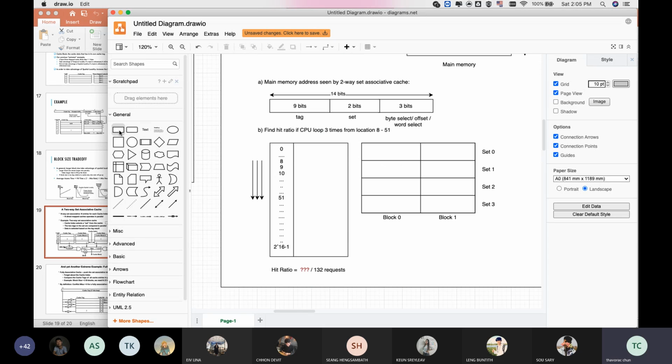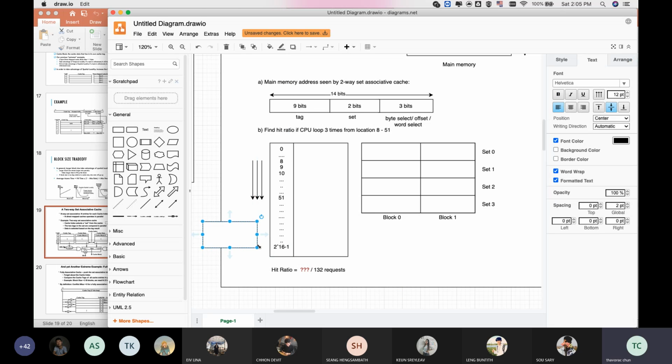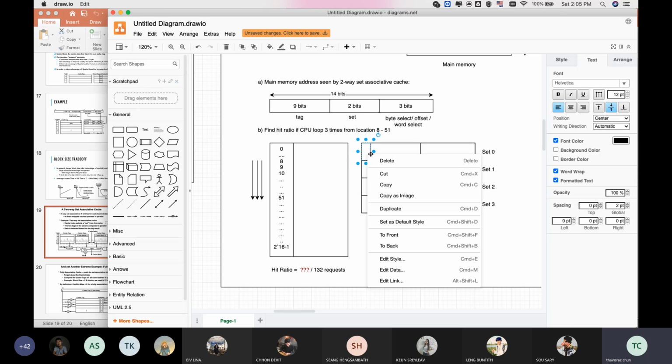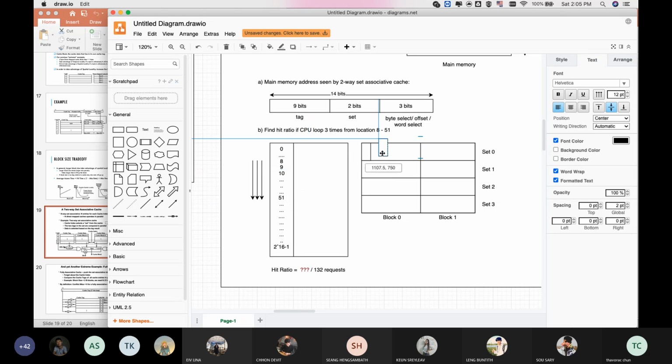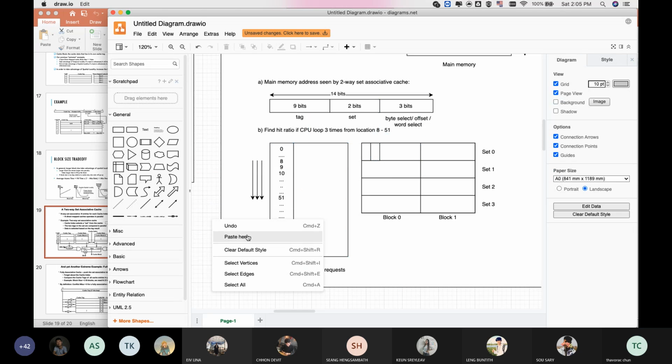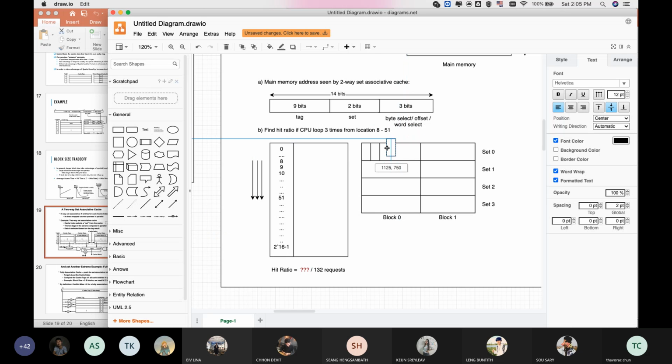Okay, so let's draw some more. Not sure if this is big enough. 2. Three.